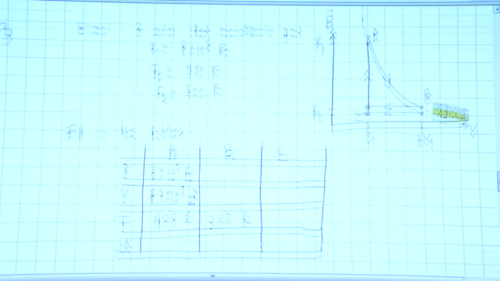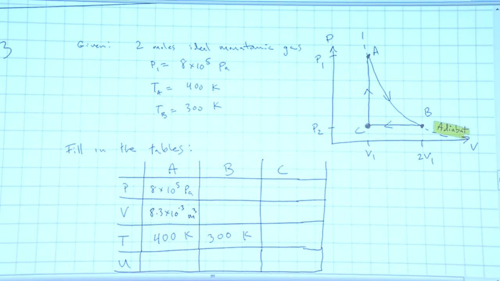Let's look at our PV diagram. Going from C to A is a constant volume process. So the volume at C and the volume at A are the same. I'm going to go ahead and put that in here. 8.3 times 10 to the negative 3 meters cubed.